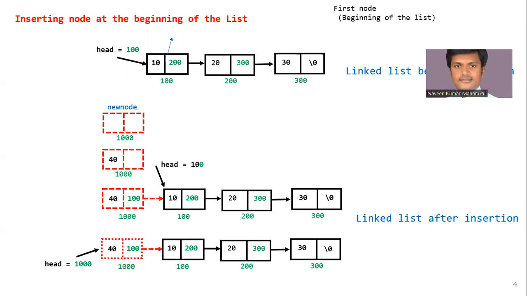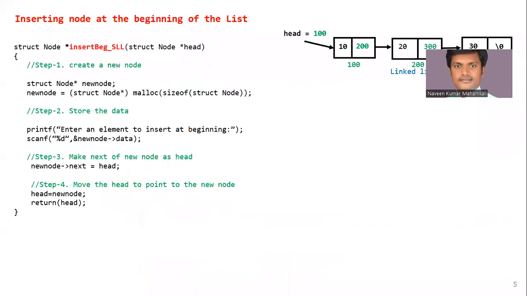We will now try to understand the C program to achieve the same. You can assume insert beginning SSL is a function. It will insert a new node at the beginning. We'll try to understand the different steps in writing this function.